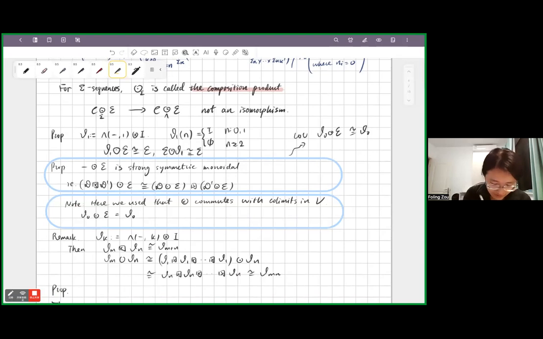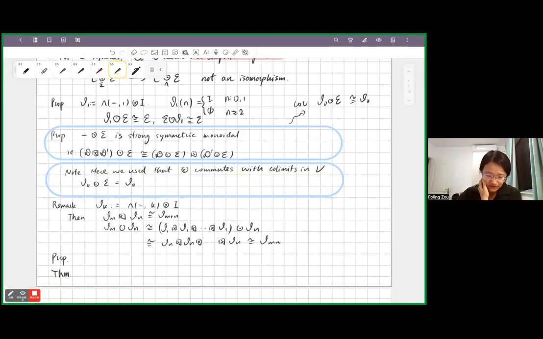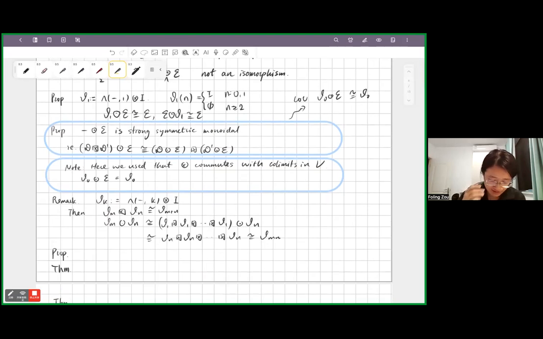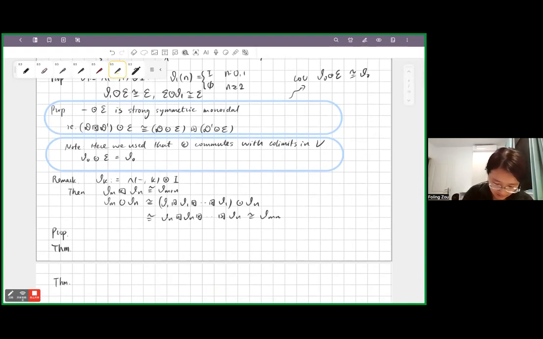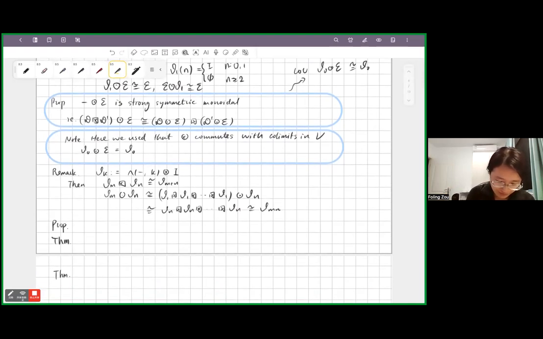And in the proof, we use that the tensor product commutes with colimits in V. And this is mentioned here because we need to use this proposition to prove that the dot product is associative. So if we do not have that tensor product commutes with colimits in V, we do not have that the dot product is associative.